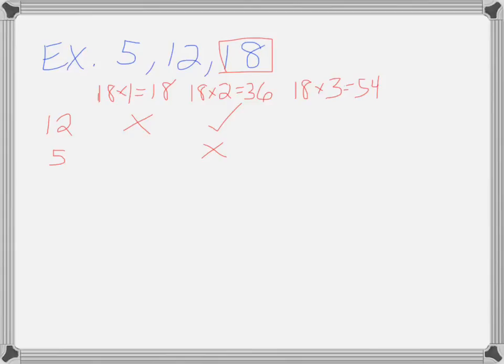Will 12 divide into 54? No. So you don't need to even check the 5. Go to 18 times 4 is 72. 12 will divide into 72, but 5 will not. So we're going to have to keep going.